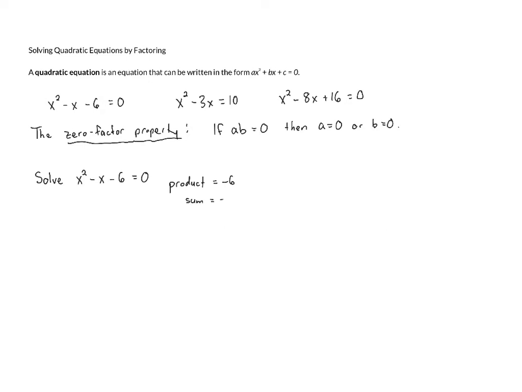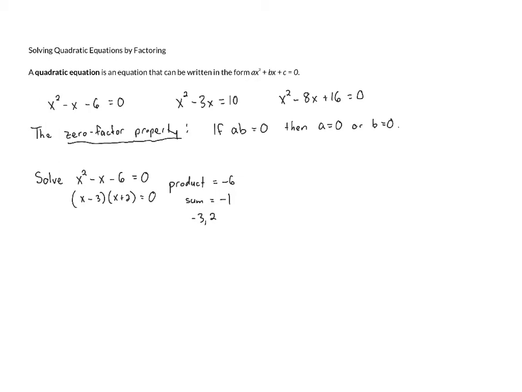Can you see it? -1 is the coefficient on the x. There's an invisible 1 there. So we need two numbers with a product of -6 and a sum of -1. Those numbers are -3 and +2, which means when we factor this, we get x minus 3 times x plus 2, and we know that that's equal to 0.